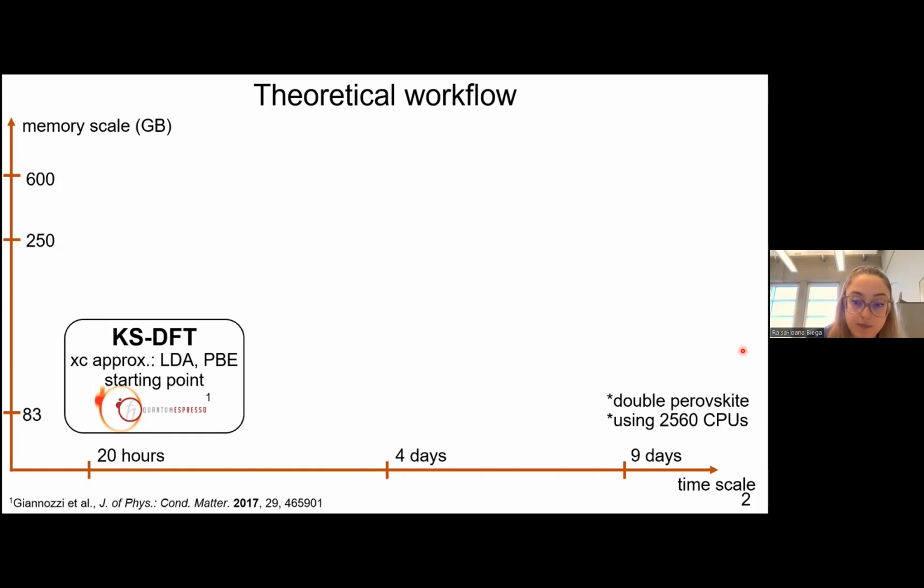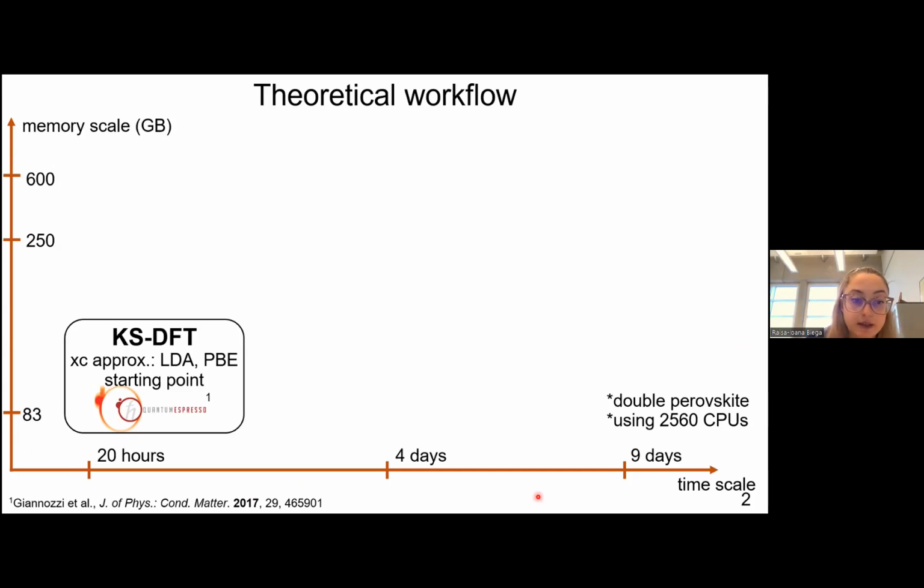And on the x-axis, we have the time to solution, so how long the calculation run until I get the result. And on the y scale is the memory that needs to be available during the calculation for each step.